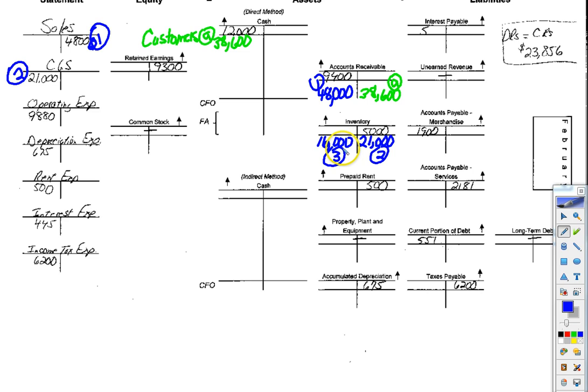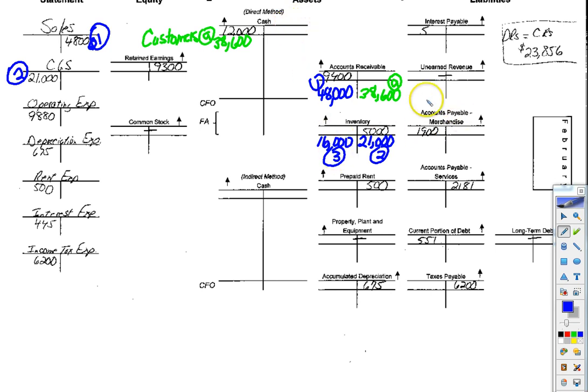So inventory goes up when we buy goods. It goes down when we sell goods. So if we bought $16,000 worth of goods, well, what was the other side of that? So the goods come in. That's what we receive. What did MixMax give up, right? What's the give and take transaction? Goods come in. What do we give up? Well, it could be that we gave up cash, because we do have to pay cash for our goods.